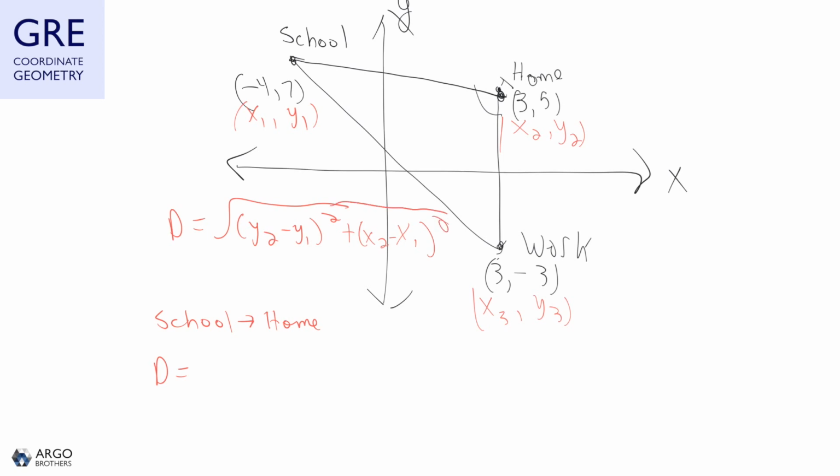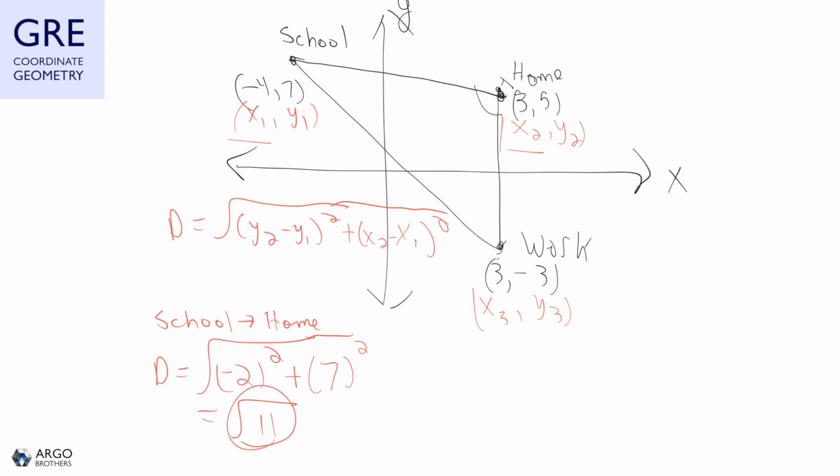That would be 5 minus 7, y2 minus y1. 5 minus 7 is negative 2. We square that. Plus x2 minus x1, which is 3 minus negative 4. 3 minus negative 4 is 7. So that's 7 squared. And that equals the square root of 4 plus 7 squared, or 11. So the distance here is square root of 11.